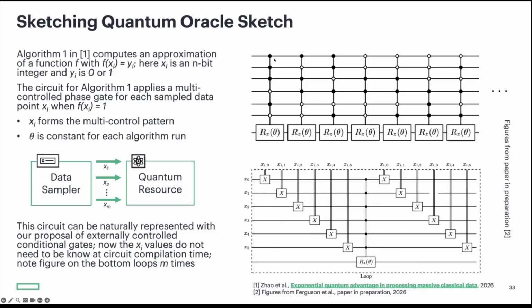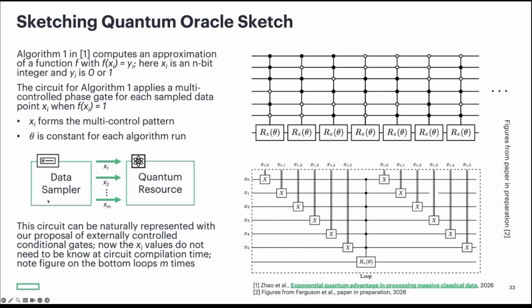Whether it's a positive or negative control is going to be determined by this xi value. And we can use the same externally controlled conditional gates mechanism. Here I've drawn just one of them, but this would repeat 7 times to show this pattern above. And you just classically condition this gate to be not run if we had a regular control, and we would run it if it had an inverse control, and we just make sure to do the same thing on the second half of this circuit.